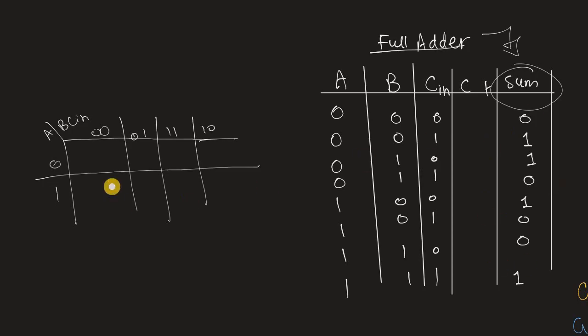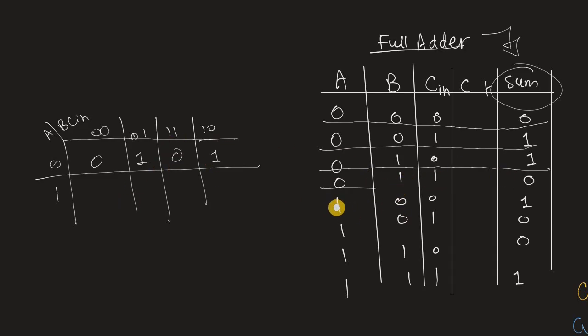Okay, so here we're finding the sum and doing the K-map for the sum. So here we have 0 0 0, you look at the table and write the sum. That's 0, and then you have 0 0 1, that's a 1. Next, 0 1 0, that's a 1, and then we have 0 1 1, that's a 0.